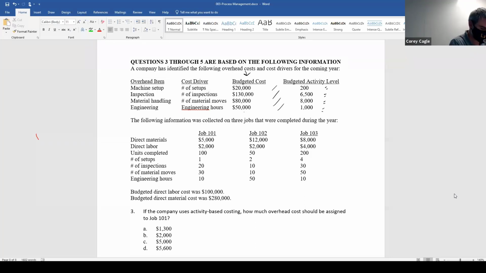So 20,000 divided by 200, $100 per setup. $130,000 divided by 6,500, $20 per inspection. $80,000 divided by 8,000, $10 per material move.